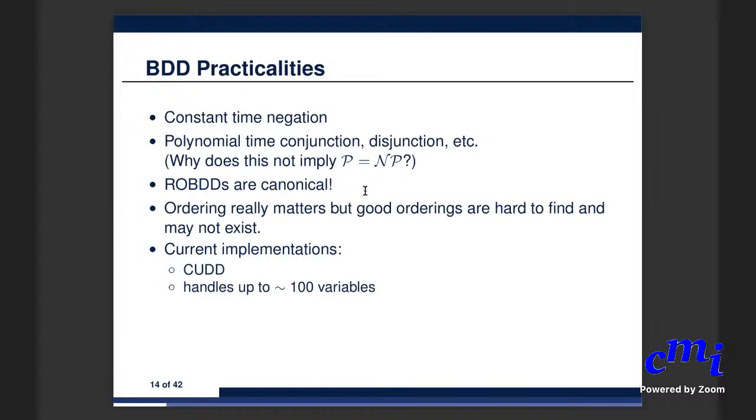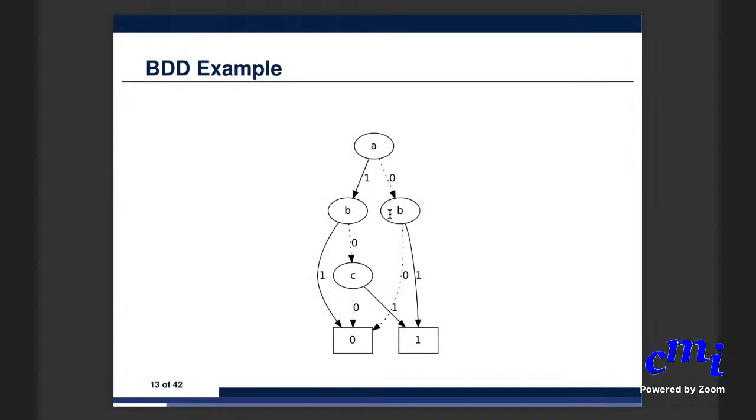But the catch is that there might be some Boolean functions for which every possible ordering gives a large representation. The size of the canonical BDD for any given function is extremely sensitive to the variable ordering.